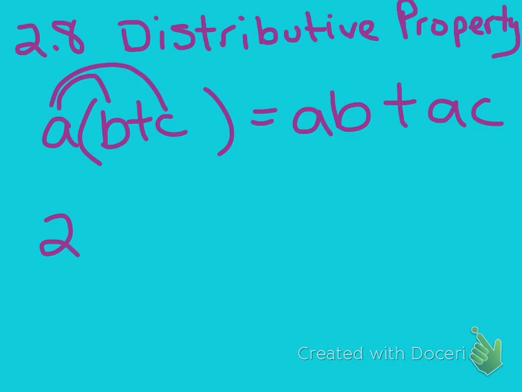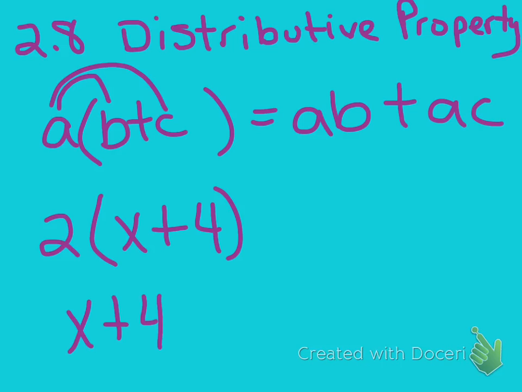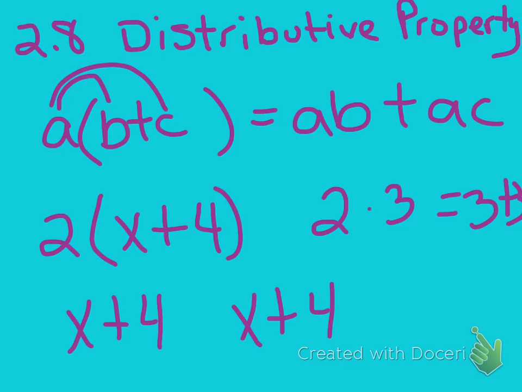If I had 2 times x plus 4, I'm going to attempt to show you why. This means I have 2 of those. This means I have an x plus 4 and another x plus 4, just like if I had 2 times 3, it means 3 plus 3.